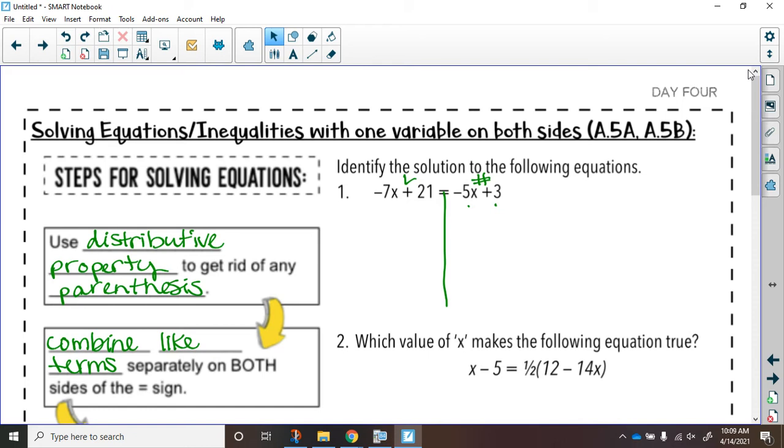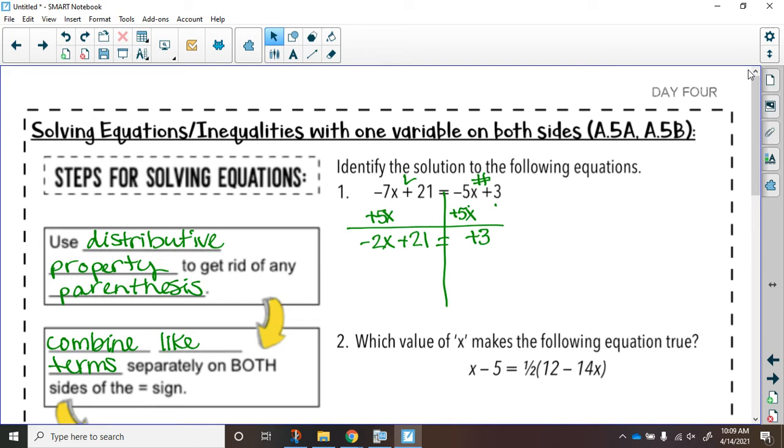The only way that I can move a negative x is by adding it. So I'm going to add 5x to both sides. Again, I'm doing the opposite. When we do this, we're left with negative 2x plus 21 equals positive 3.